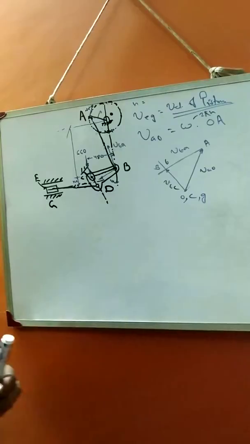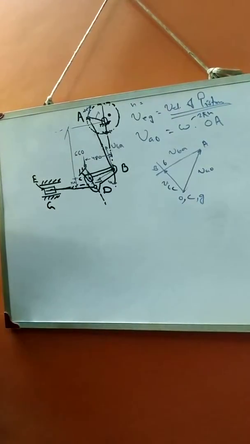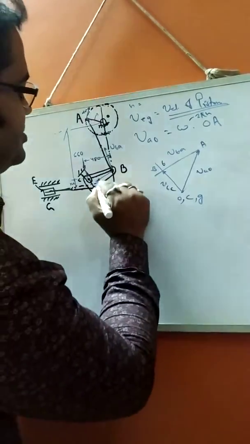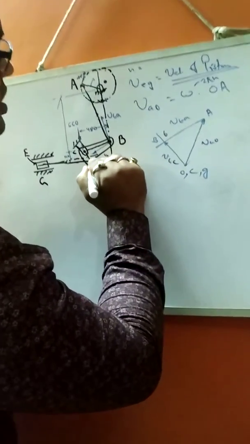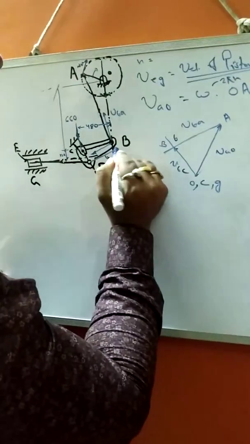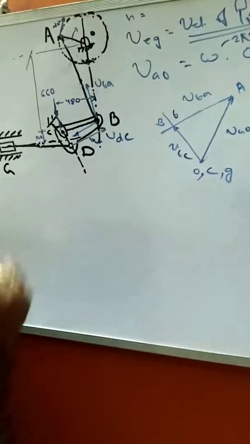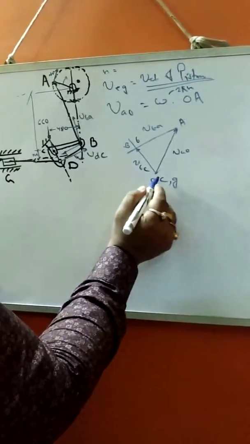Now once we get the velocity of C with respect to D, we get the value of the magnitude. Now we have to find out the sense, in which sense the velocity will act. Obviously it will act in this direction, perpendicular to this, so it should be like this. That is velocity of D with respect to C. Now we put this over here, which is our fixed point.